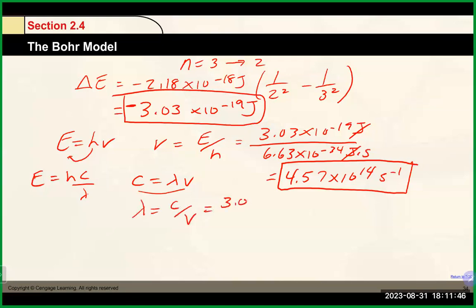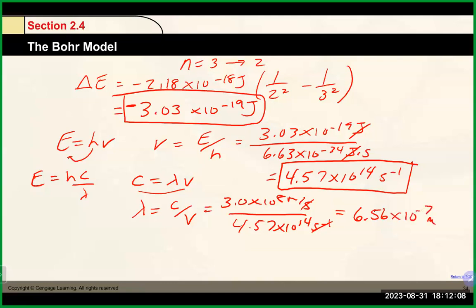Going to be 3 times 10 to the 8 meters per second, divided by 4.57 times 10 to the 14 reciprocal seconds. Seconds are going to cancel. That will get me 6.56 times 10 to the minus 7 meters.